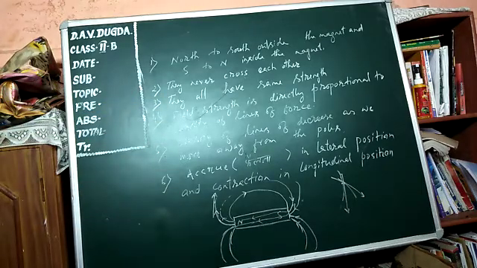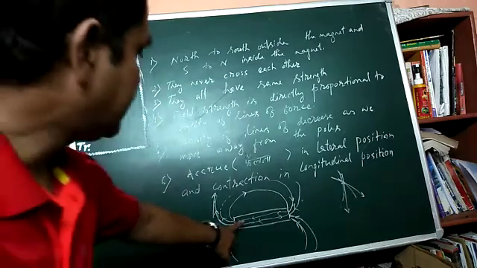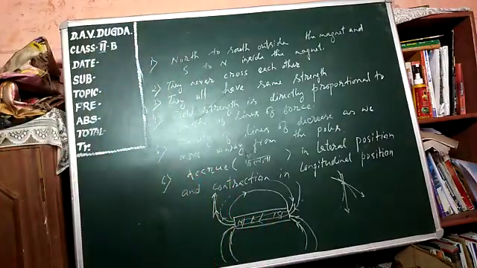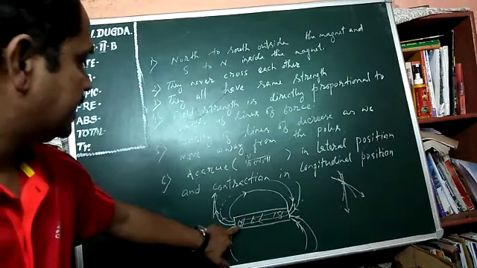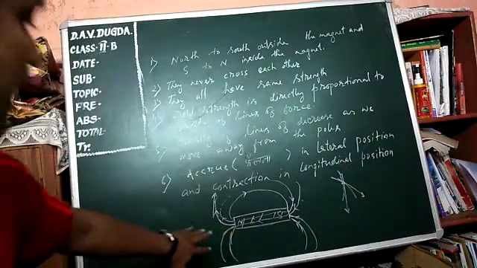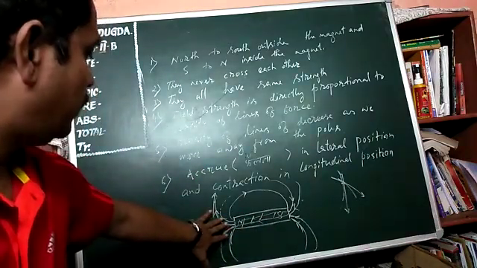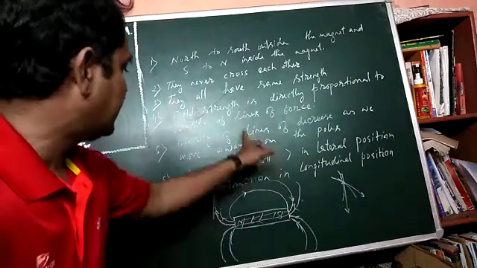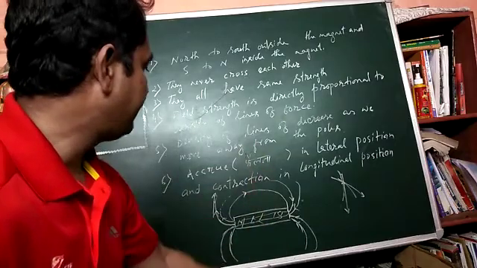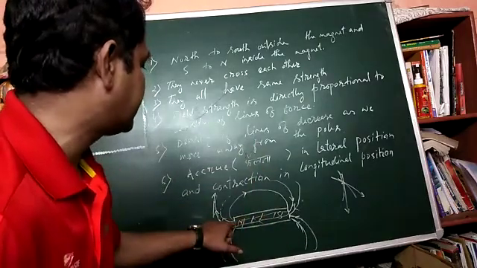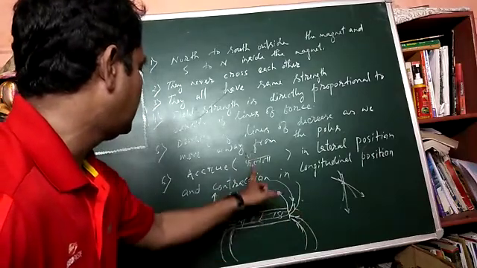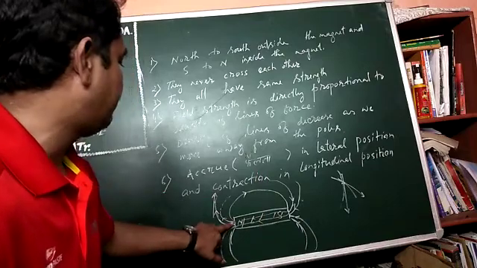Now the fourth point is that field strength is directly proportional to the density of lines. You can see here that this is a magnet, and the density is not uniform. Near the poles, this is the north pole and this is the south pole, the magnetic lines of force are denser, and at the perpendicular bisector of the magnet axis the density is not as much as we see near the pole.